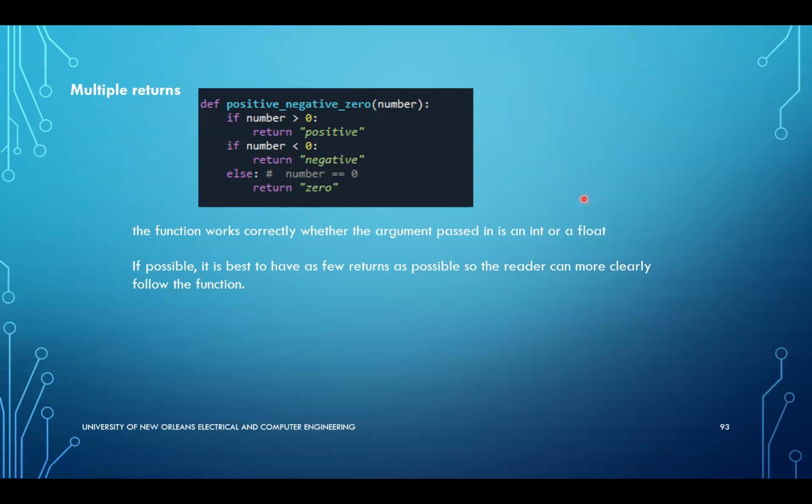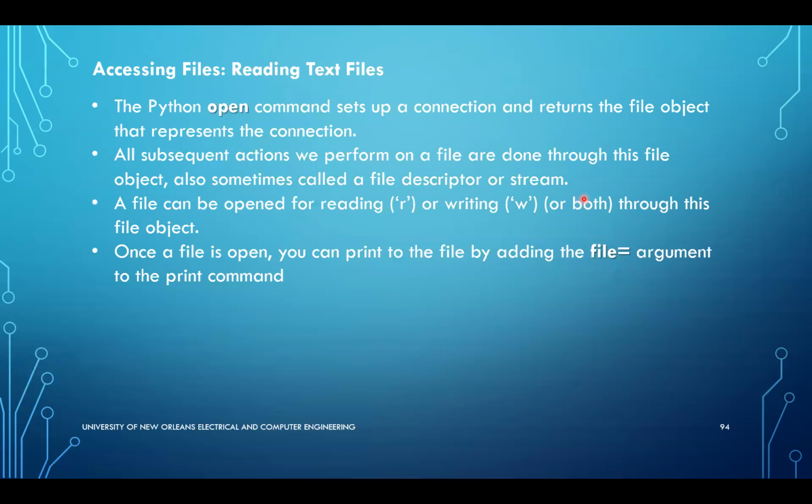All right. Now let's look at how we can use or access files in Python: how we can read files, how we can write to files, and so forth. In Python, the open command sets up a connection and returns the file object that represents the connection. That's how we open a file with the open command.